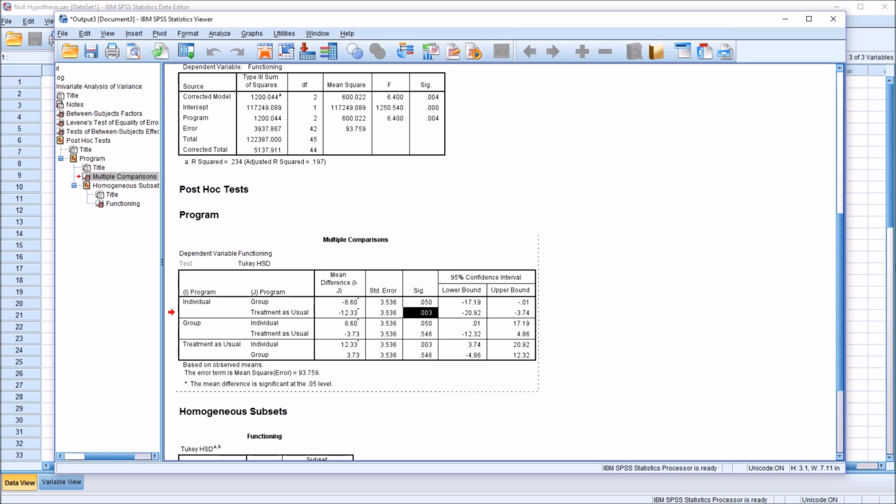However, between individual and group, here in the output, we have a value of 0.05, and the alpha is 0.05. So the question becomes, do we reject the null hypothesis if the p-value is exactly 0.05? Well, this is something that you would set before you conduct the statistic.